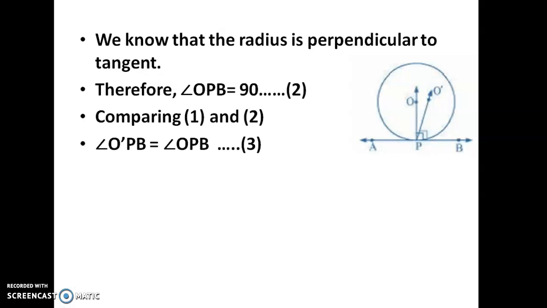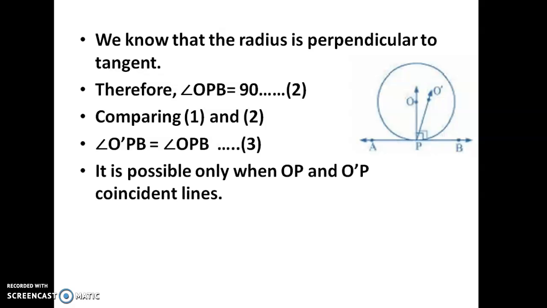Comparing 1 and 2, we are getting angle O dash PB equal to angle OPB. From 1 and 2, the RHS is 90 degrees on both, which means we can equate the LHS also. That's why we are getting O dash PB equal to OPB.